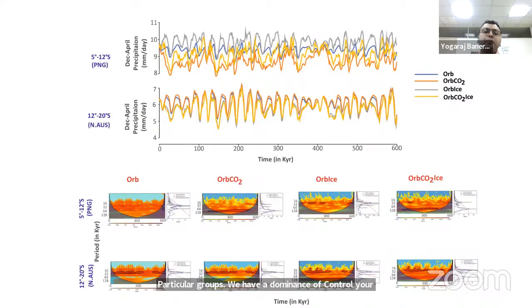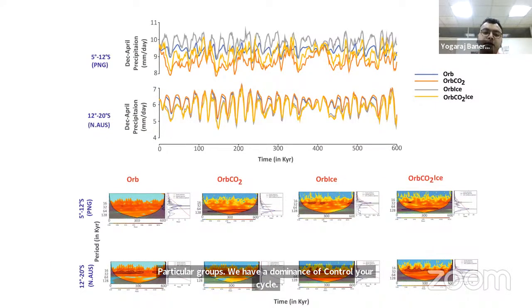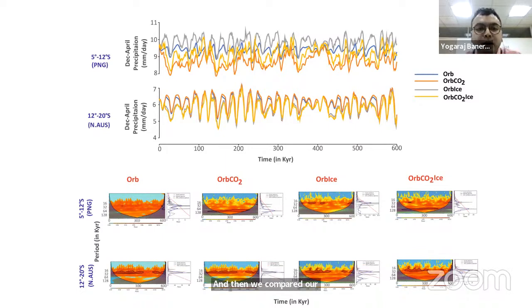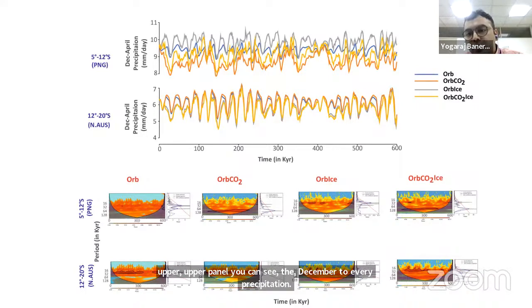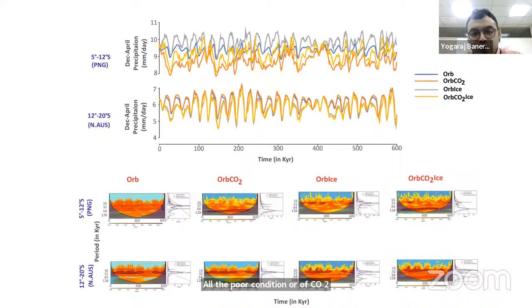And then we compared our result. So we further simulated it for the Northern Australian part. In the upper panel, you can see the December to April precipitation for all the four conditions: orb CO2, orb ice, and orb CO2 ice.